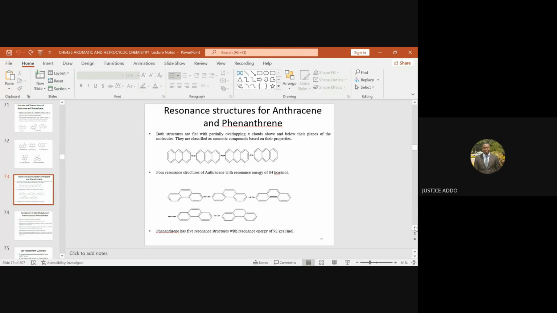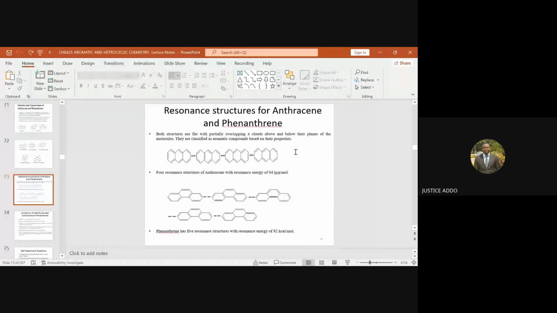The different canonical or resonance structures are just about movement of the pi bonds in the ring. Look, there's a double bond here, a double bond here, a double bond here. When you push this one here, this one will go here and this one will come here, and that will give you the middle one. Then you keep on alternating, so every time you shift one double bond, the others will also be moving.